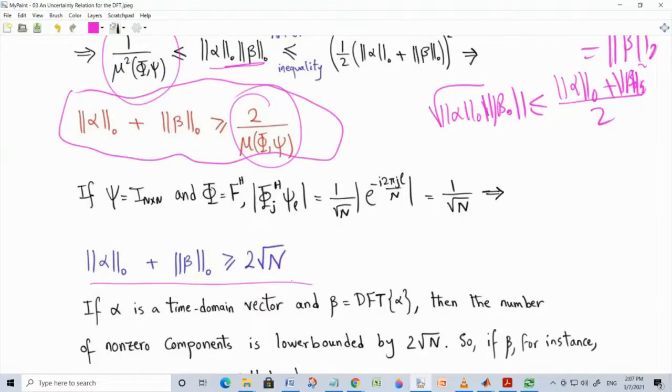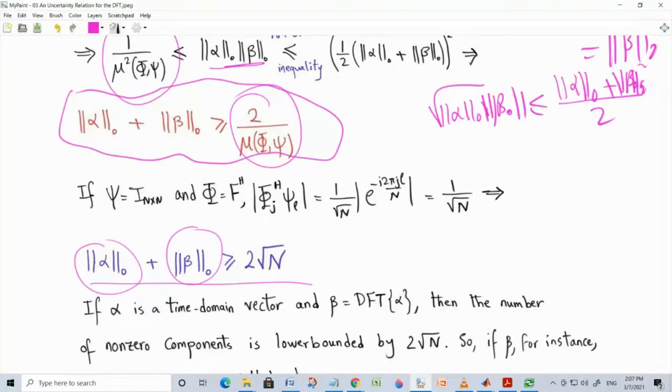According to this inequality, its representation in the time domain must be dense, because the sum of the number of non-zero elements in alpha plus the number of non-zero elements in beta must be greater than or equal to 2 square root m. So if one of these two terms is very small, it must be the case that the other term is relatively large.